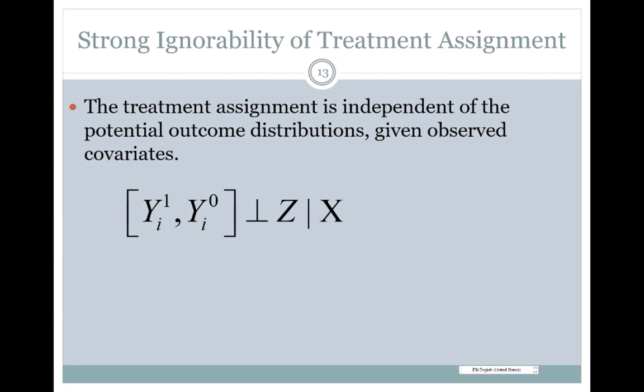For an experimental design, this is true regardless of covariates because randomization guarantees that. Now, for quasi-experimental designs, if you are controlling for the right covariates, you can achieve strong ignorability of treatment assignment, conditional on covariates.